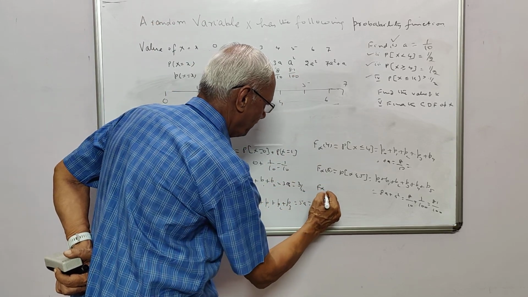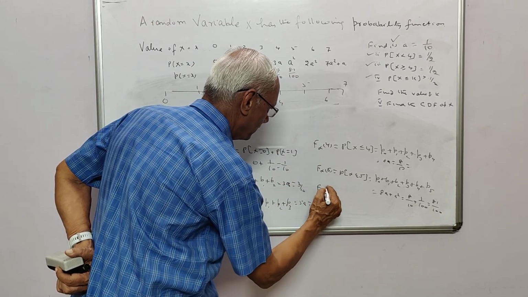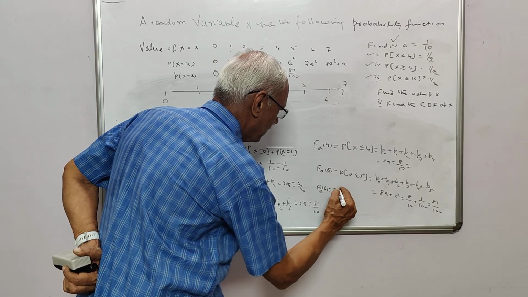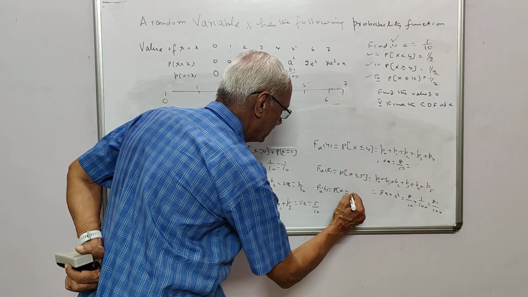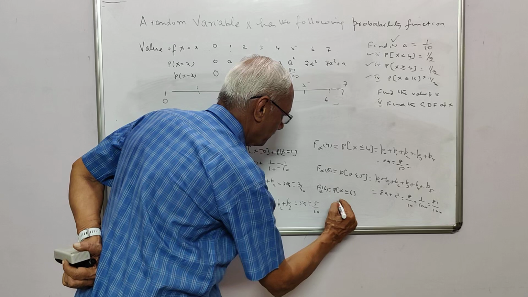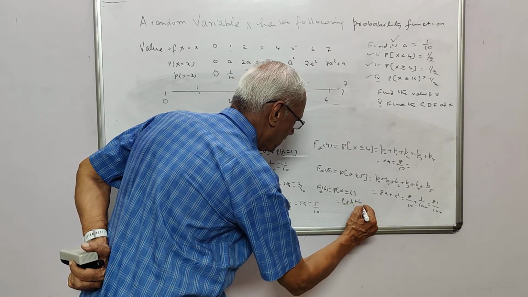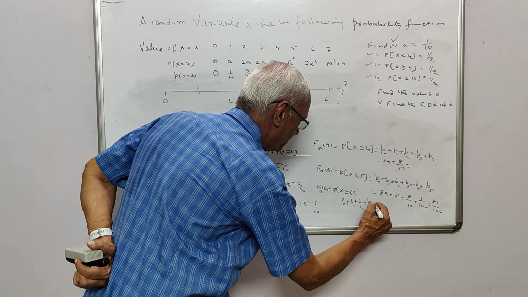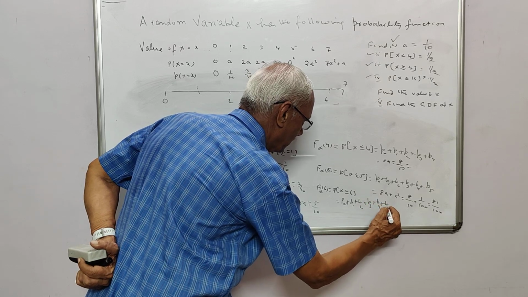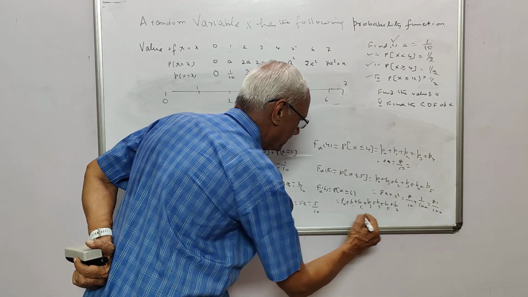Then F_X(6), P of x less than or equal to 6. So this is your P0 plus P1 plus P2 plus P3 plus P4 plus P5 plus P6.